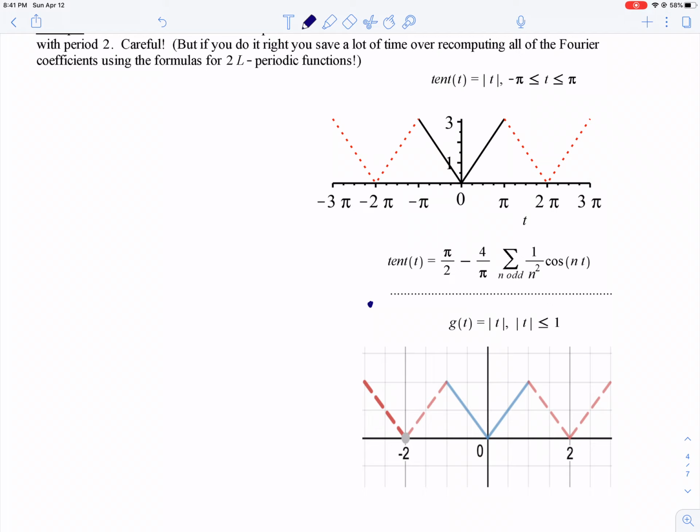So in this picture, as t goes from minus 1 to 1, you want to rescale the domain. And to get something going from minus pi to pi, you multiply your t's by pi.